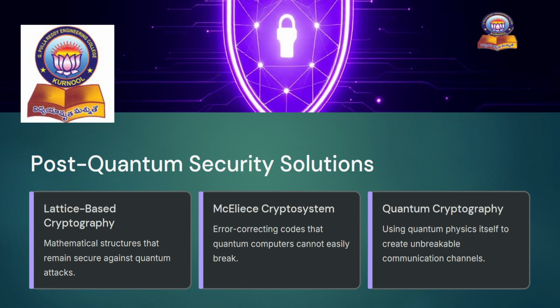In lattice-based cryptography, mathematical structures remain secure against quantum attacks. In the McEliece cryptosystem, error-correcting codes are used that quantum computers cannot easily break. In quantum cryptography, quantum physics itself is used to create unbreakable communication channels.